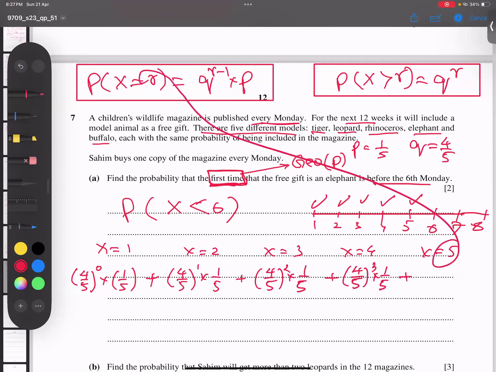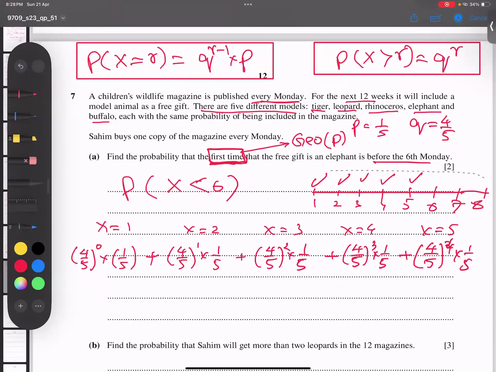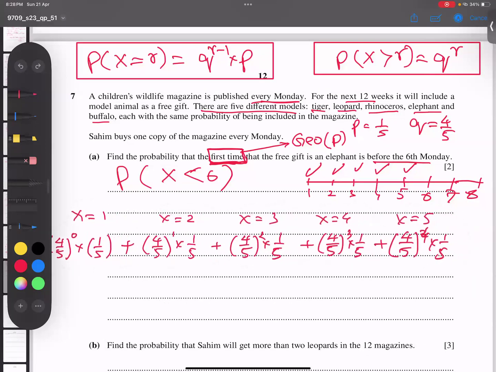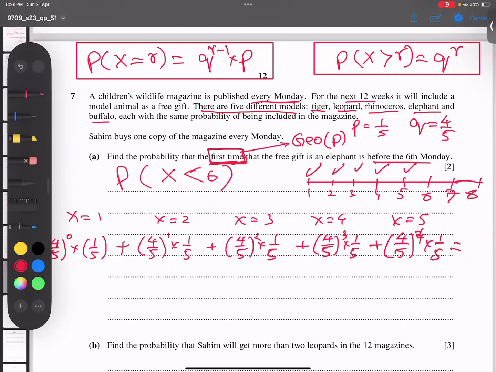For 5, I plug in 5: 4 over 5 to the power 5 minus 1, which is 4, into 1 over 5. If you type this in the calculator, the answer comes to 0.672. This is one way, because he said less than 6.